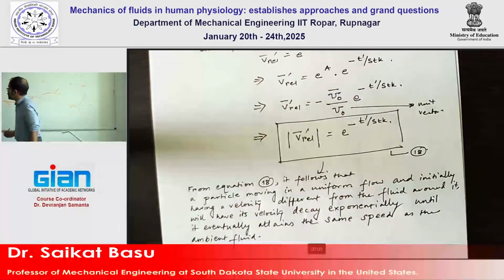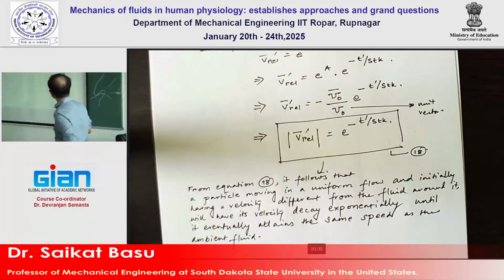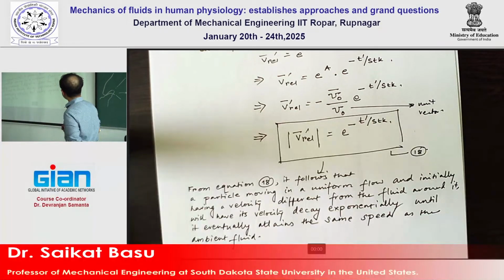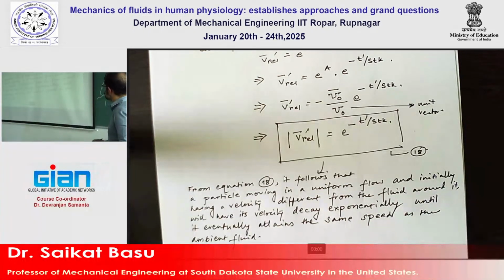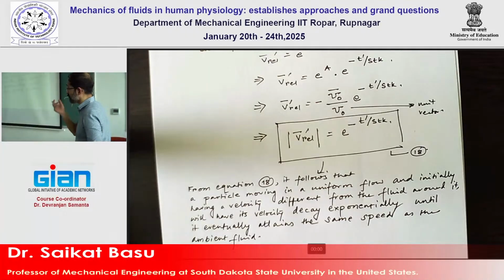Okay, so that being the case, let's now look back again at equation 18. What if we assume certain numbers for that t prime? What if we assume that t prime is the Stokes number? Or in other words, the Stokes number was what? The dimensionless version of the particle relaxation time. What if we assume that to be the t prime, the dimensionless particle relaxation time? What happens then?